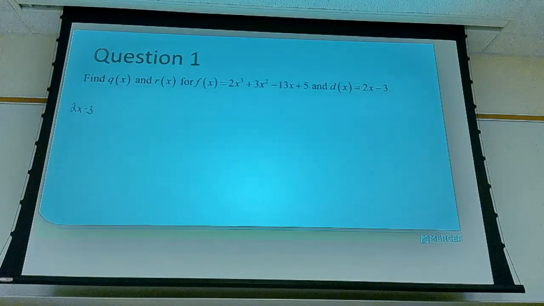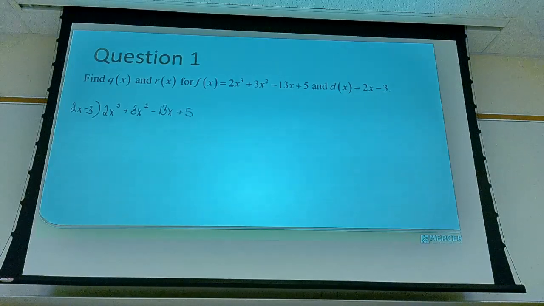Polynomial long division. Again, it works pretty much the exact same way as regular long division. Outside is your divisor, inside is the dividend.